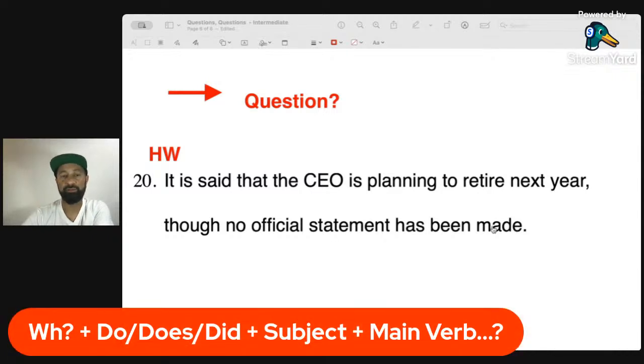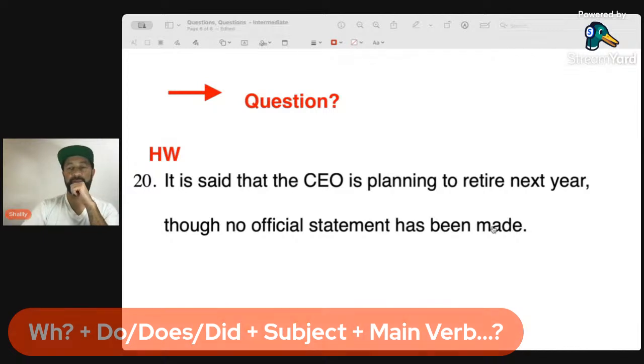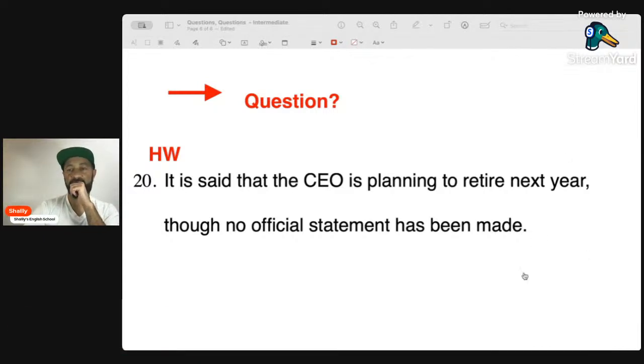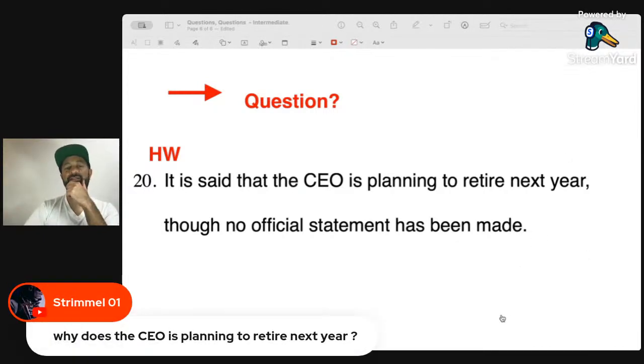If you use do, does, did, we use this one. We don't usually use do, does, did, and be verb together.